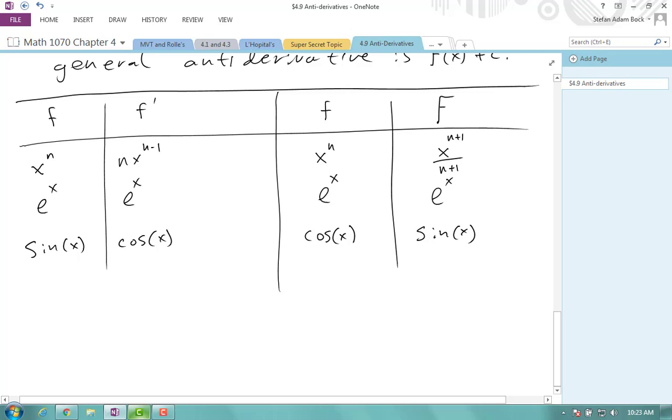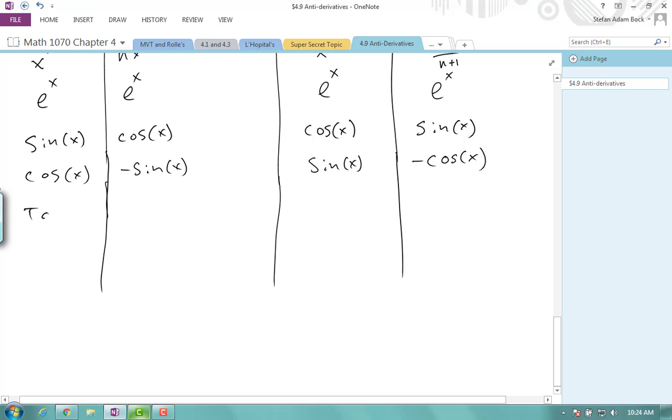Don't mix up your derivatives and antiderivatives, especially with the sines and cosines. If I start with cosine, my derivative is negative sine, versus the antiderivative of cosine is a positive sine. If I start with a sine, then the antiderivative will be a negative cosine.